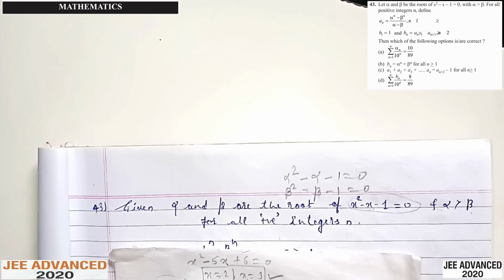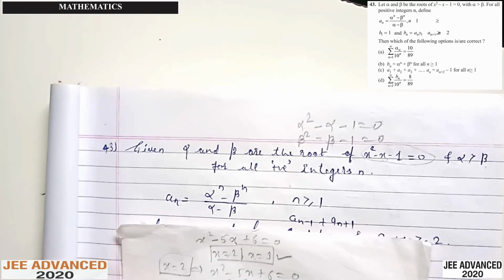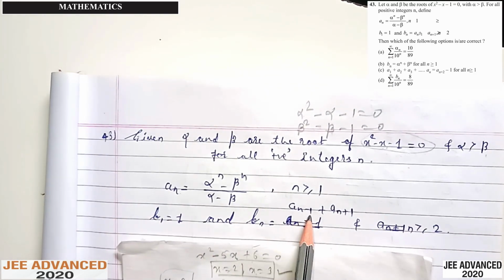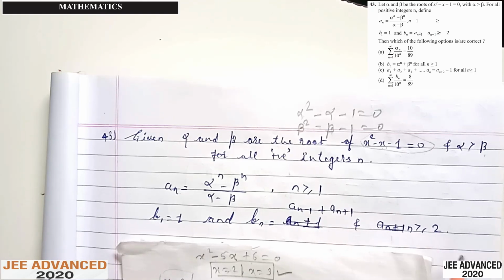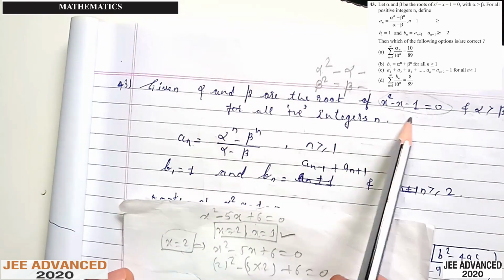Now let's understand what is given in our question. a_n is given for n greater than or equal to 1, b_1 is given as 1, b_n is given as a_(n-1) plus a_(n+1) for n greater than or equal to 2, and x squared minus x minus 1 equals 0 is given.